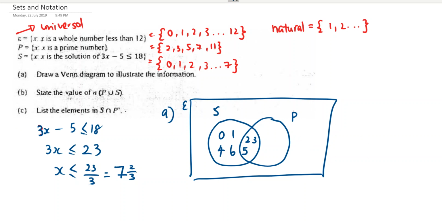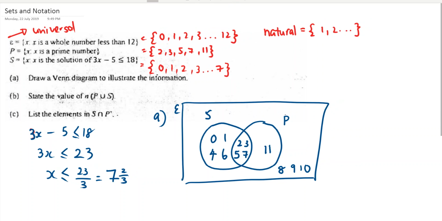Then 7 is also less than 12 and is also prime. 8 is more than 7 and not prime, so it is out of here. So is 9 and so is 10. 11 is prime but it is greater than 7, so 11 is out here. Remember that the set S is the whole numbers from 0 to 7, and P is the set of prime numbers from 0 to 12. This is part 1.